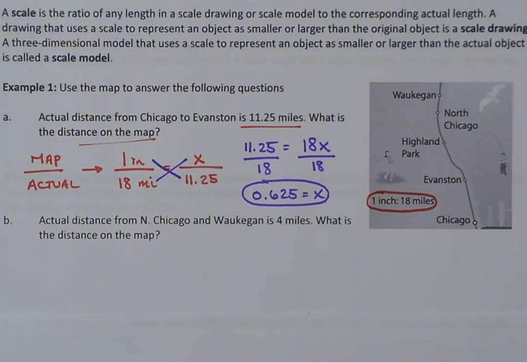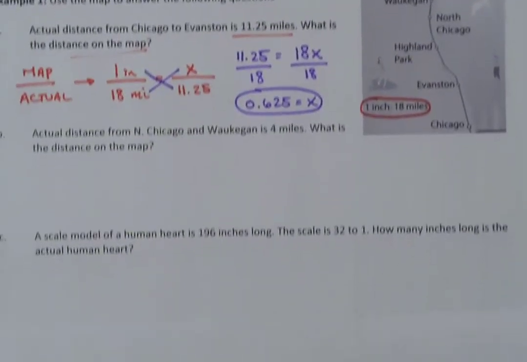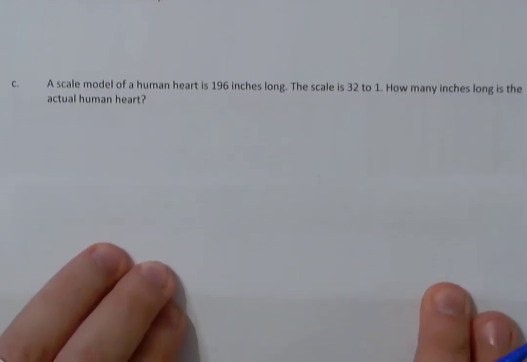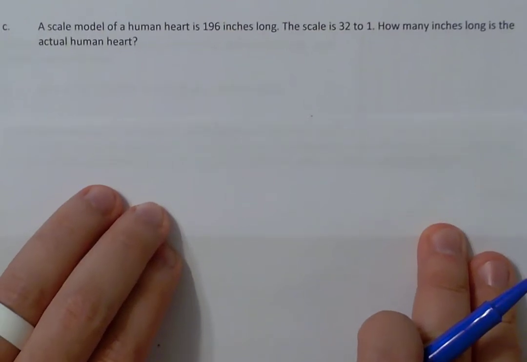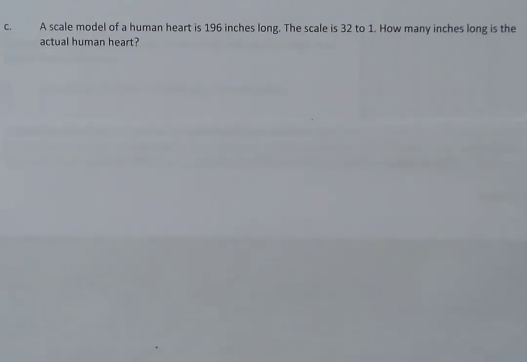Now, moving on to save some time, I do want to take a look at part C, because part C is not talking about a map, but it does talk about a scale, and I just want to address that before we move on. So for part C, it talks about a scale model of a human heart that is 196 inches long. The scale is 32 to 1.